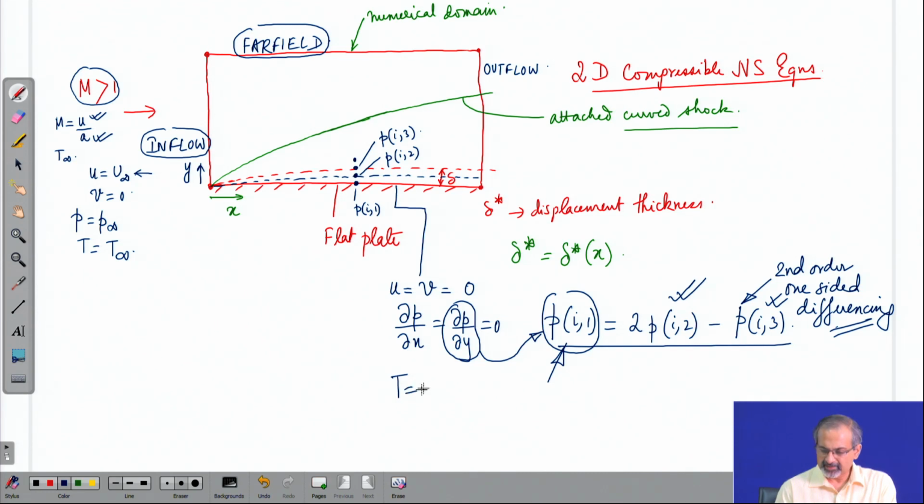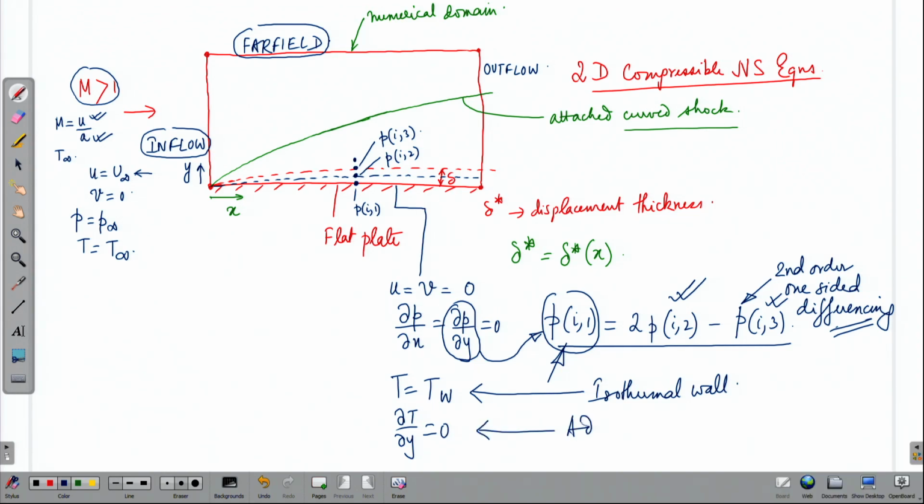Let us set some fixed temperature at the wall, in which case it is called as an isothermal wall. On the other hand, if you apply the condition that del T del y equal to 0 at the wall, what you have is an adiabatic wall, and then you would actually have to invoke a condition like this for temperature, in which case the temperature at the wall will also be solved and updated as the solution progresses.